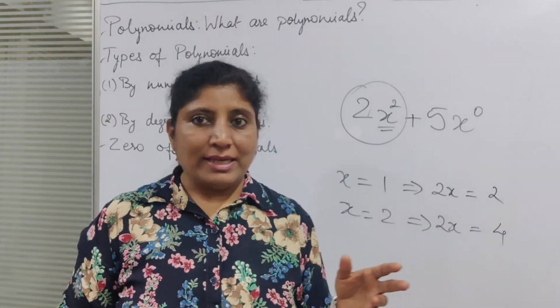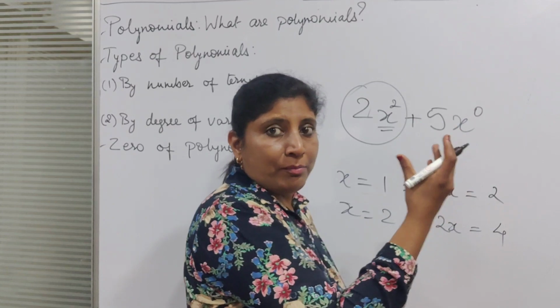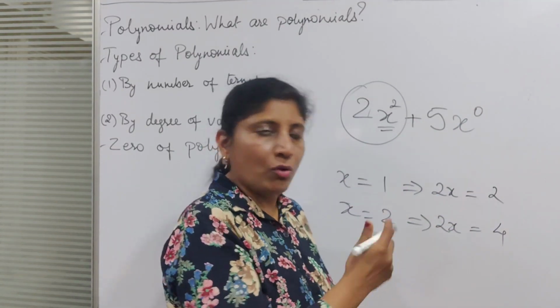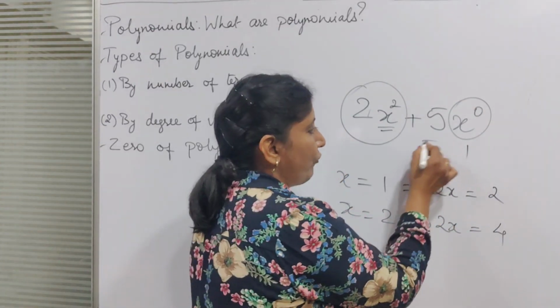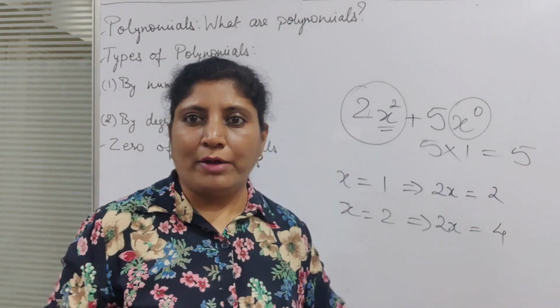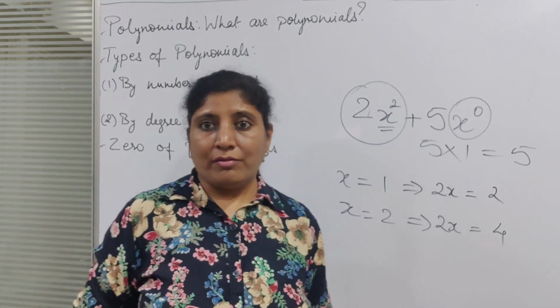And you know, as we have done it in lower standards also, any number, any base having exponential value 0 raised to the power 0 is equal to 1. So this is automatically 1. And so 5 into 1 is ultimately 5. And that's why 5 is known as constant if the variable is with 0 power, right?